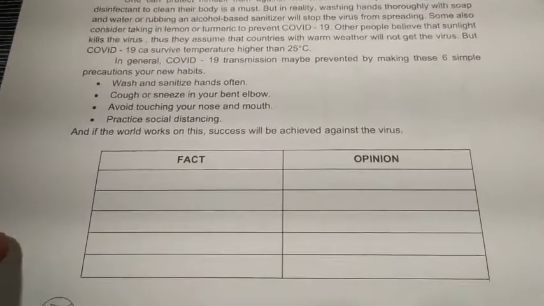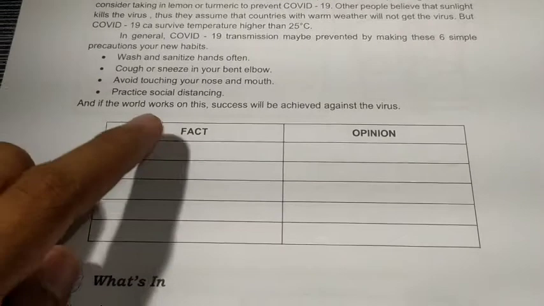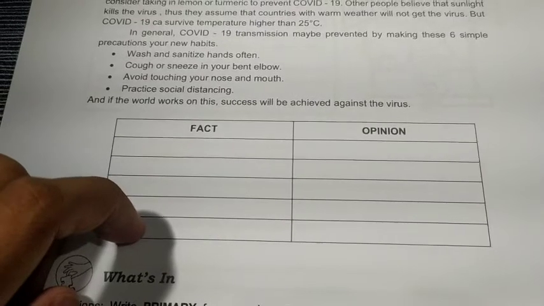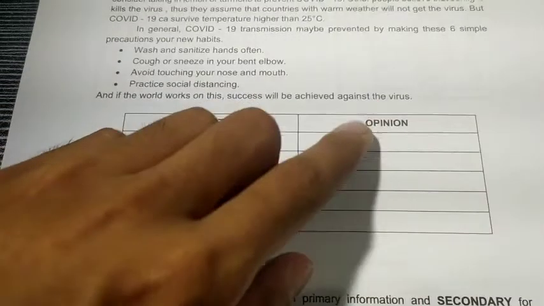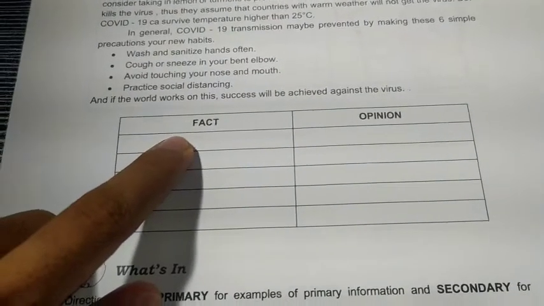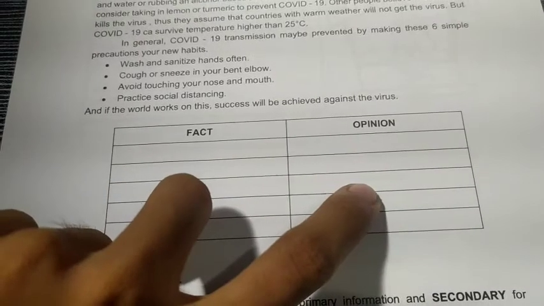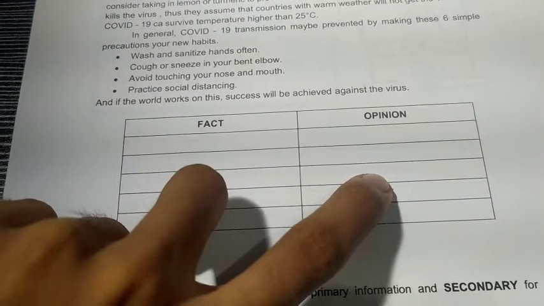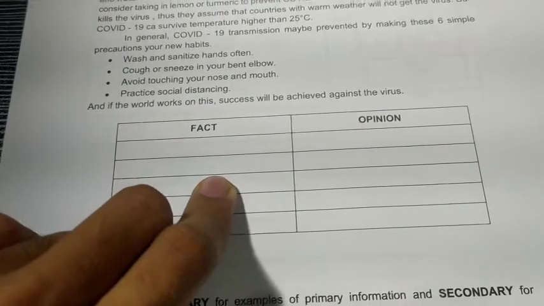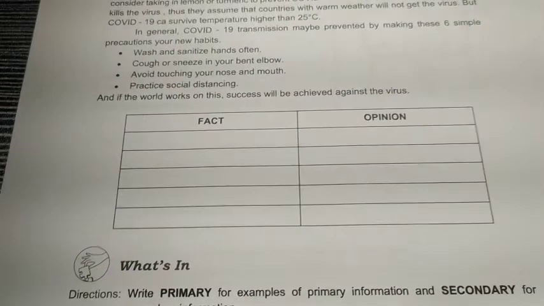For example, after listening to your parent or your sibling, you will put here the factual information that you have heard, then the opinionated statements that you have heard. When you say fact, again, pure truthfulness. Then opinion, it might be true but not for all. Fact, it is true and true to all, wherever you go, wherever planet you go.